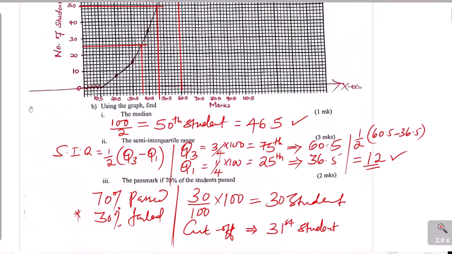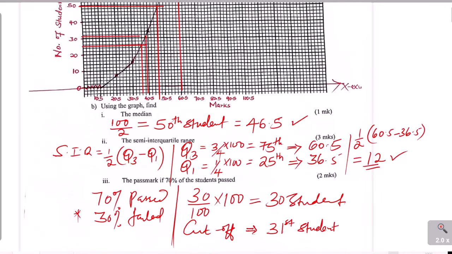So we go to the graph where we have the 30, so that is them. So the 31st position will be somewhere there. You draw a straight line from the 31st up to where it touches the curve, and then straight down, there, straight down, and then you read this value here.